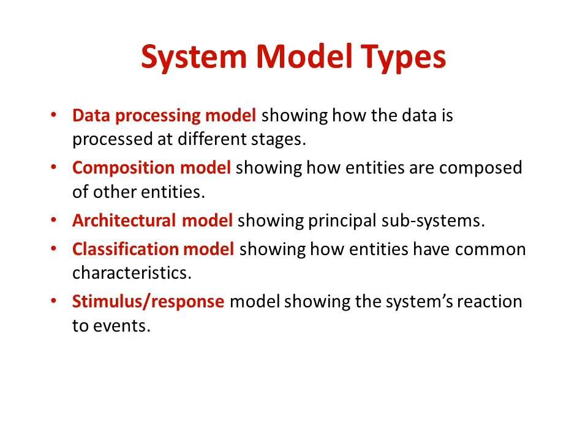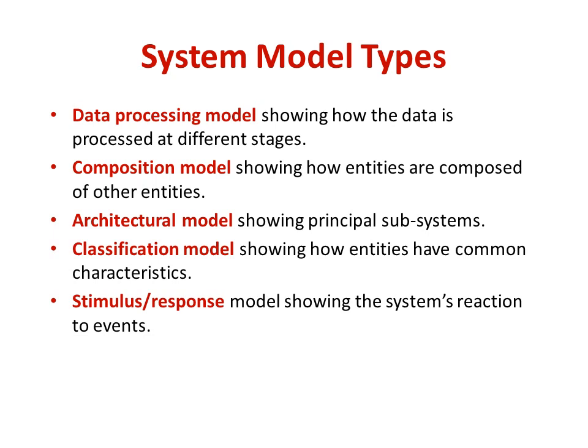System model types. We have many types of models. For example, the data flow diagram or DFD model, sometimes called the data processing model. It shows how the data is processed at different stages and shows the processes that are going to be executed.